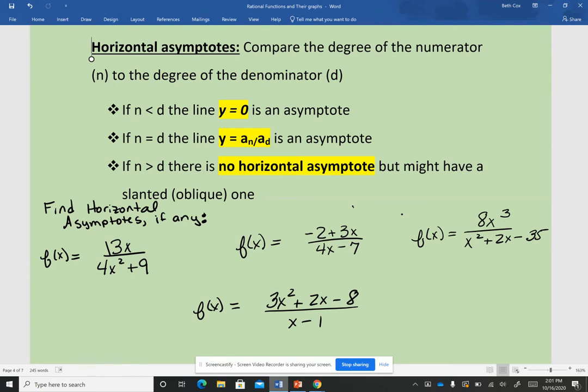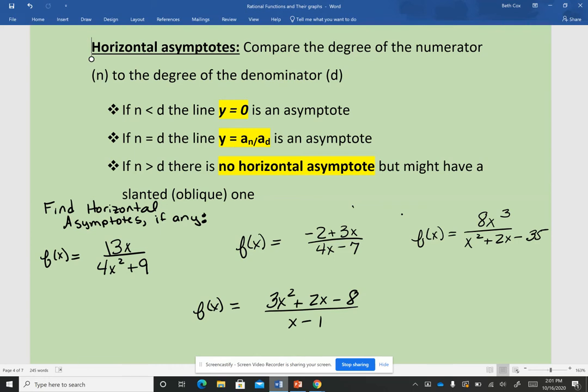Now these are the rules. All your rules are printed out and given to you, so make sure that you print them out and have them in front of you so that you have all of them. I'm going by them step by step. So here's the second one, the horizontal asymptotes. What we do here is we compare the degree of the numerator, which we call n, to the degree of the denominator.